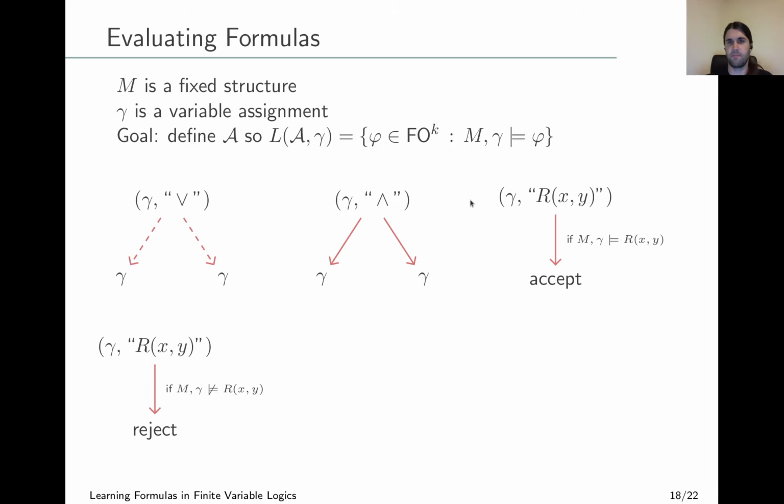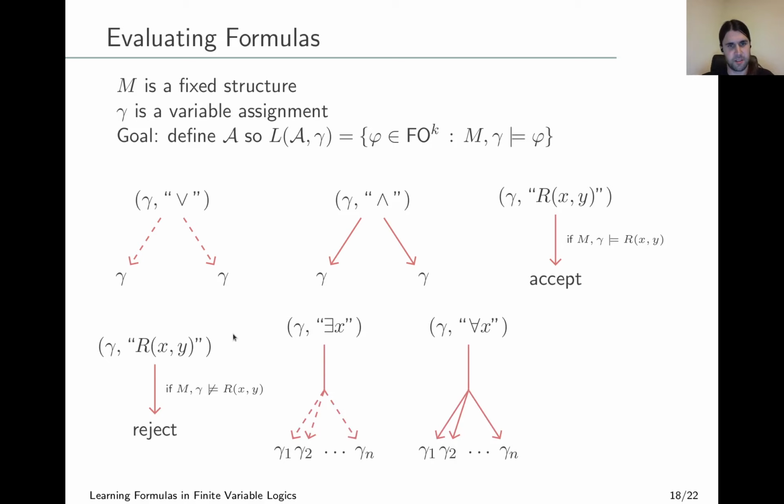Okay, here are two base cases. In gamma, reading Rxy, which is just an atomic formula with relation symbol R, the automaton just accepts as long as Rxy is true in M with assignment gamma. And similarly, it'll reject if that's not the case, if Rxy is false. For quantification, this looks like disjunction and conjunction.